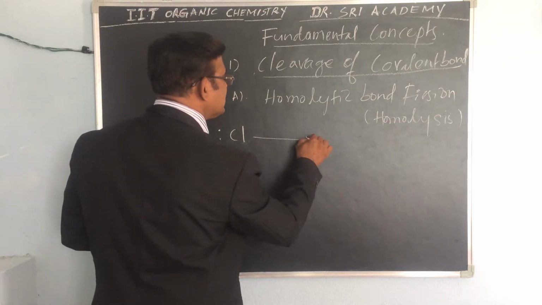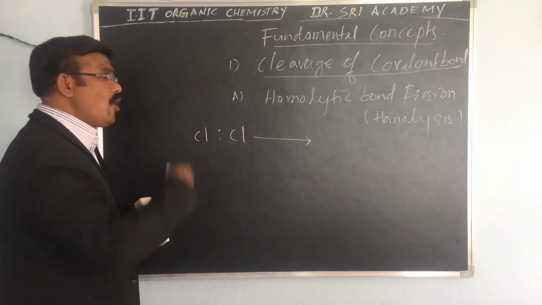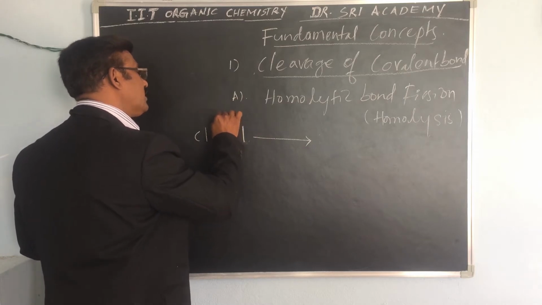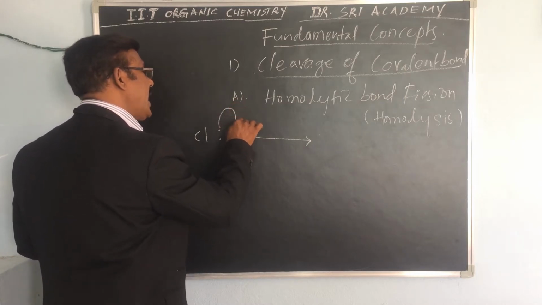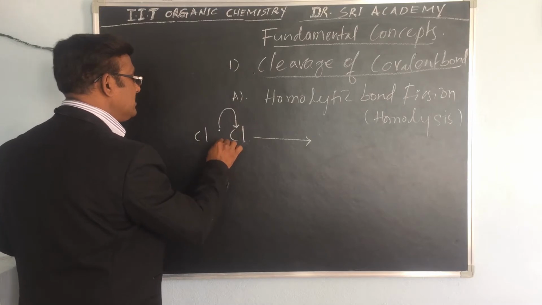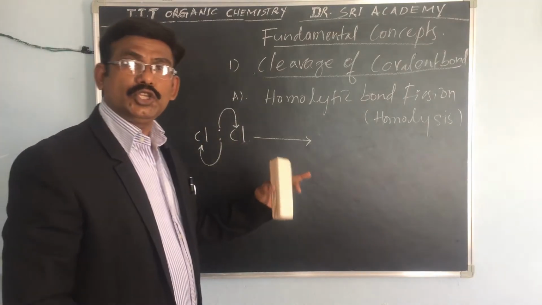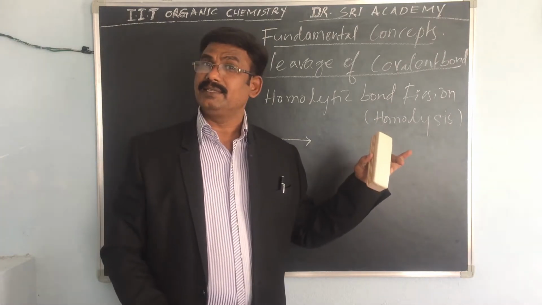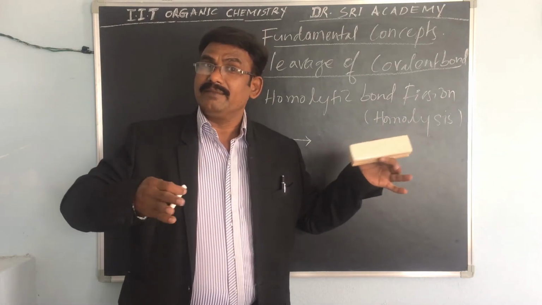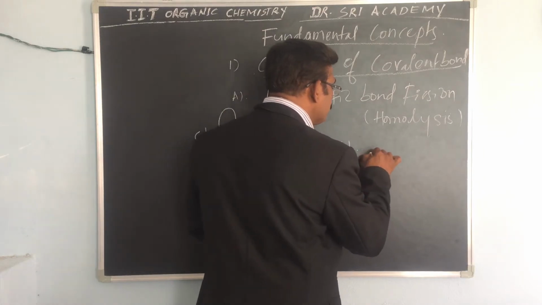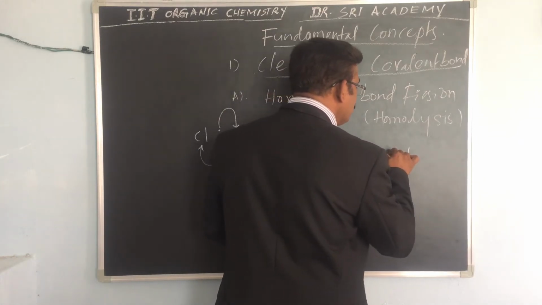Here the cleavage takes place. Homolytic cleavage means one electron goes to this chlorine atom, and the other electron goes to that one. So the two chlorine atoms each get one electron, giving Cl radical plus Cl radical.